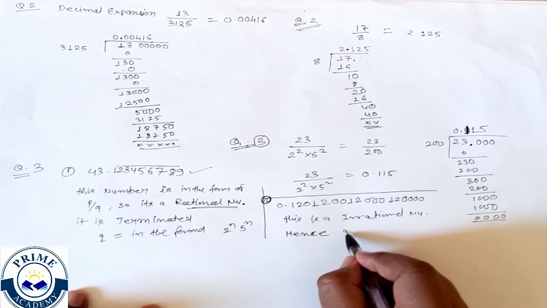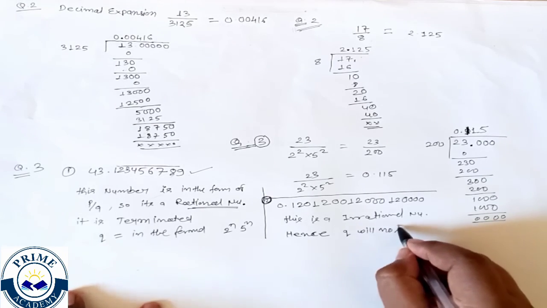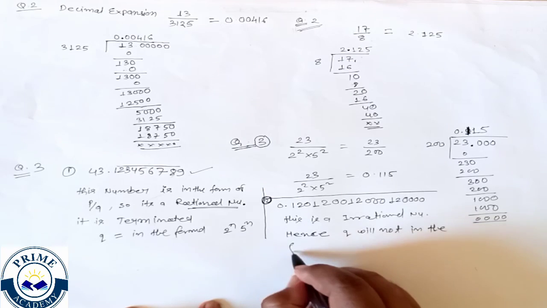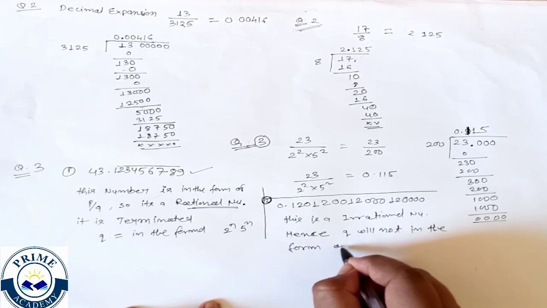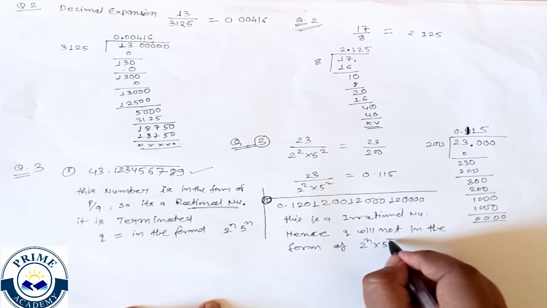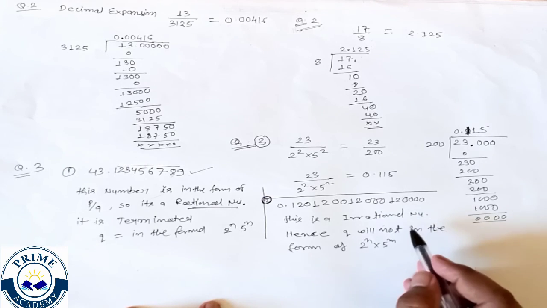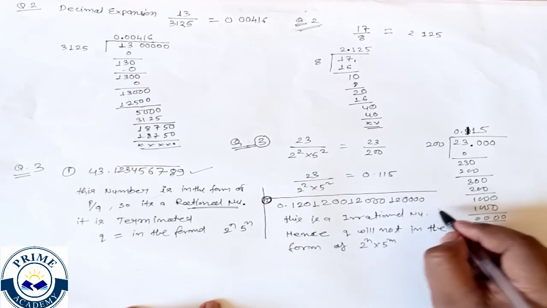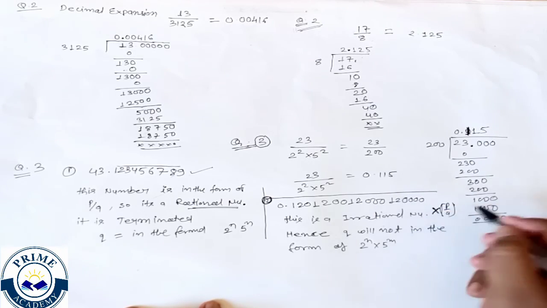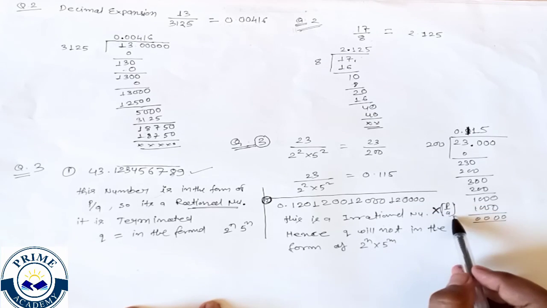Hence q will not be in the form of 2 to the power n and 5 to the power m, right? If it is an irrational number, then definitely it will not show p by q. It will not be in the form of p by q.